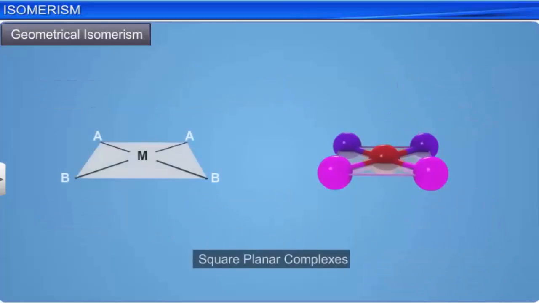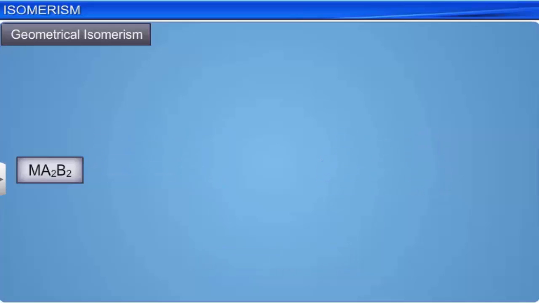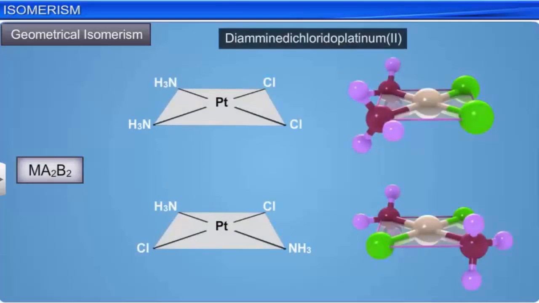The square planar complexes shown here usually show cis-trans isomerism. The first complex is of the type Ma2b2. The best example of this type is diamine dichloridoplatinum 2. Both cis and trans isomers of this complex are shown here.